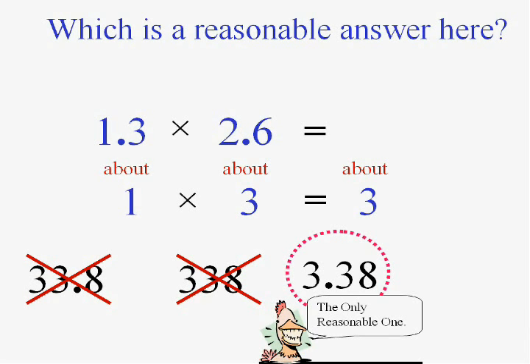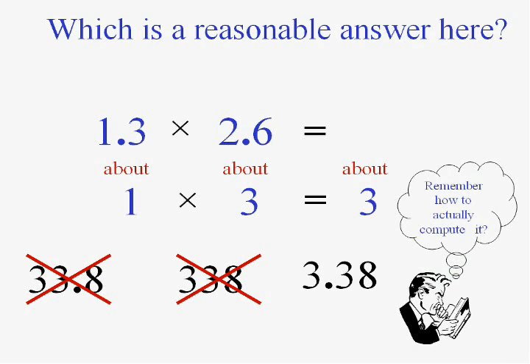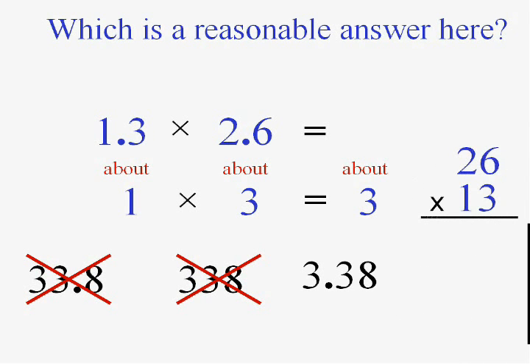Now let's actually do this just for the sake of checking. Remember how to multiply decimals? Well, we pretend that the decimal place isn't there and do our multiplication. 3 times 6 is 18. Carry the 1. 3 times 2 is 6, and 1 more is 7. Then 1 times 26. 1 times 6 is 6, and 1 times 2 is 2. We add those partial products.